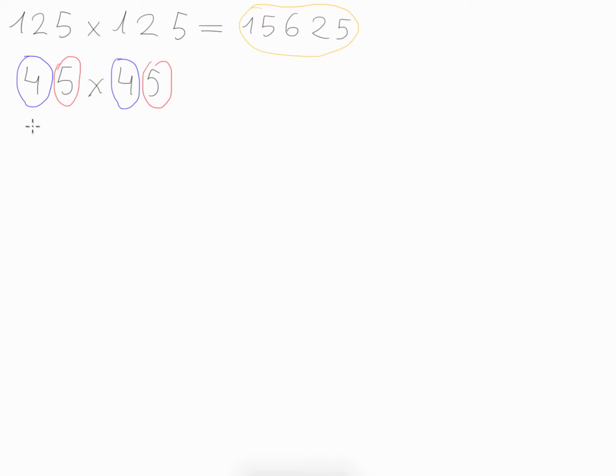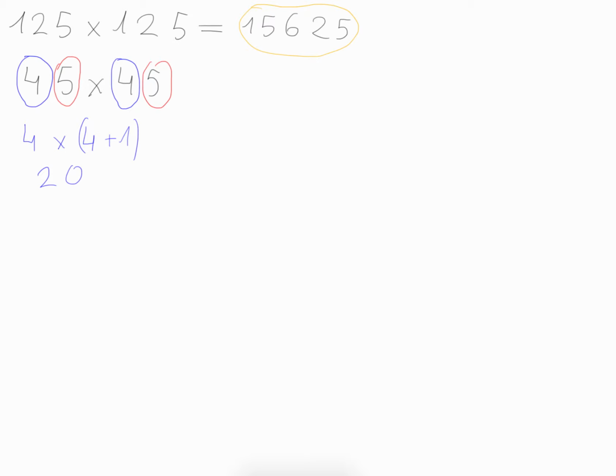Well, then what you do is multiply the first part of the number by itself incremented by 1. That is, you multiply 4 times 4 plus 1. And what you get is 4 times 5, it's 20.